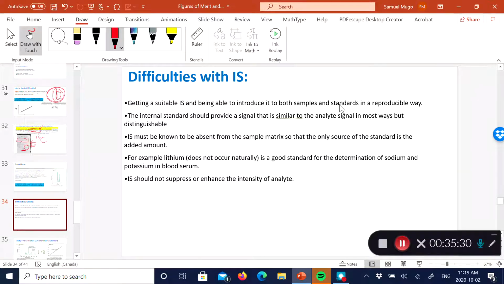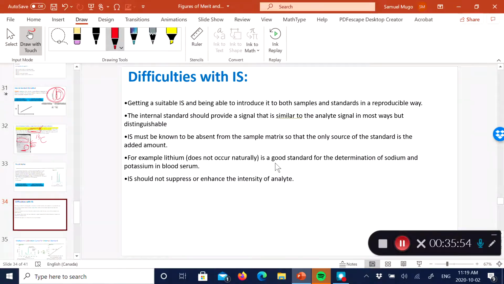Okay. And so sometimes it's possible to actually use a chemical species that's already present in your sample. All right, maybe an interfering species, and actually use it as an internal standard. So sometimes people do that in the event that the internal standard, the isotopic label, is not available.